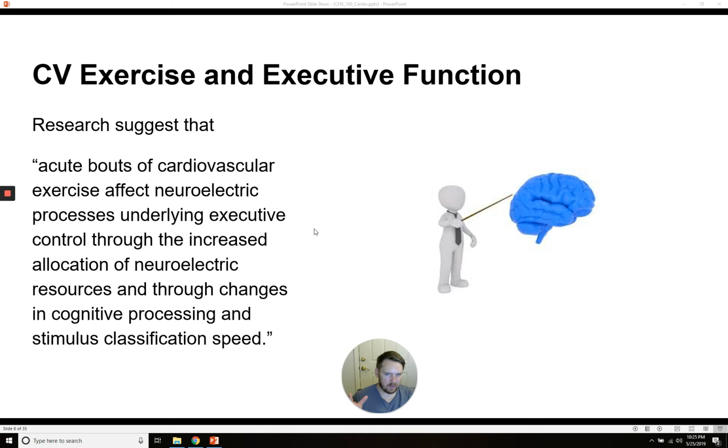Essentially what this means is that acute cardiovascular training will improve executive function through a variety of mechanisms, and will enhance your ability to process complex information at a faster rate and be more accurate with it.